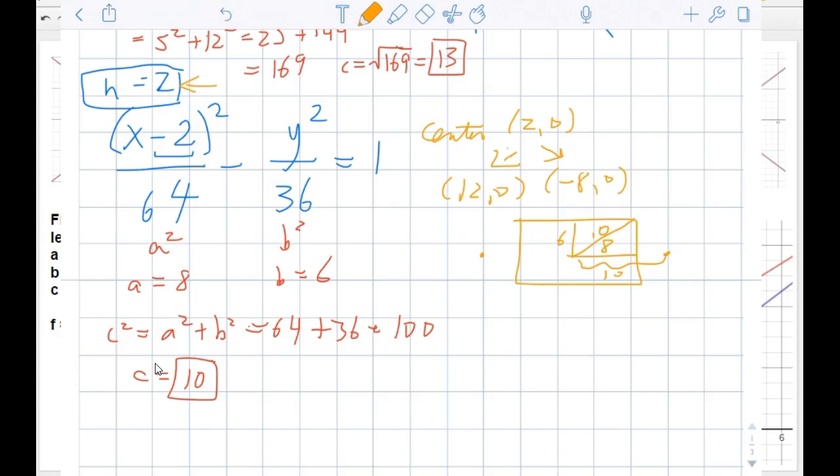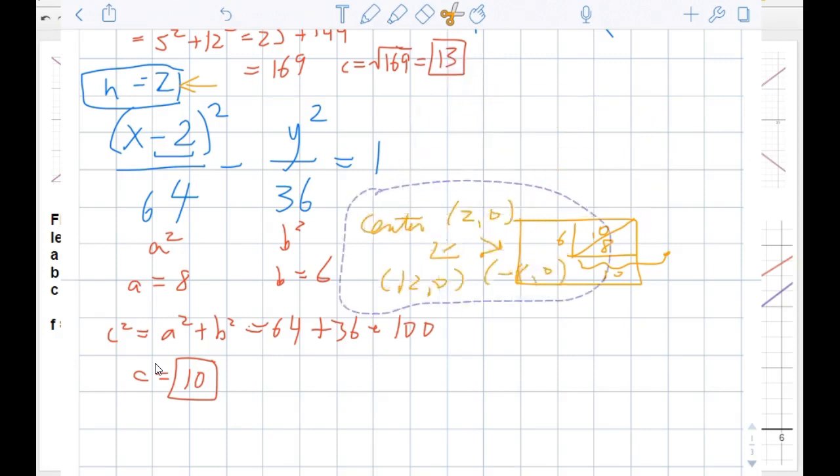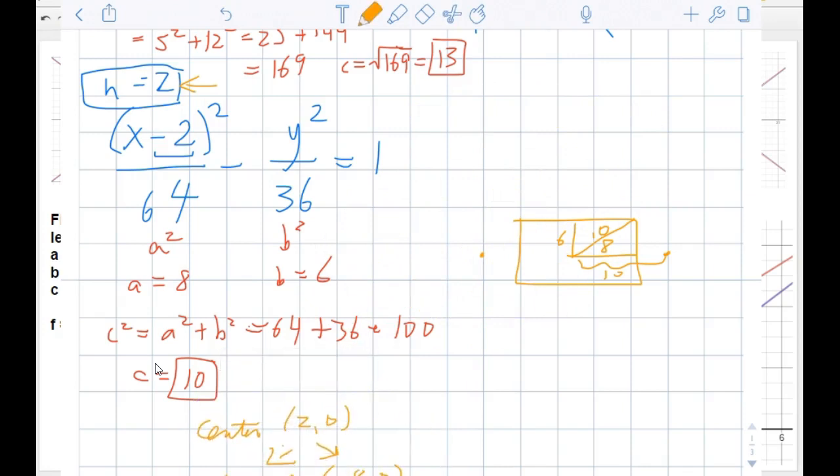Make sense? Okay, I'm going to move this out of the way so I can finish my graph here. Okay, so here I'm going to draw my asymptotes. And it turns out that this center here is actually at 2, 0.